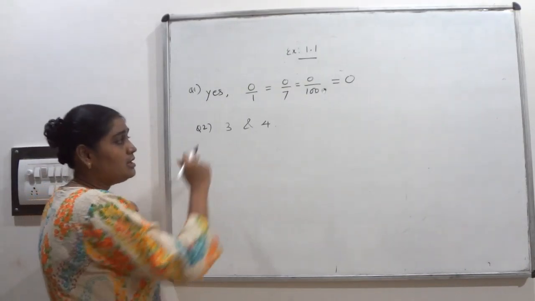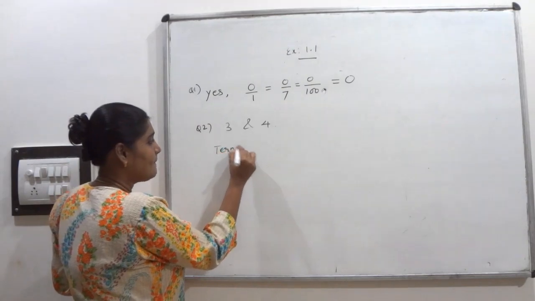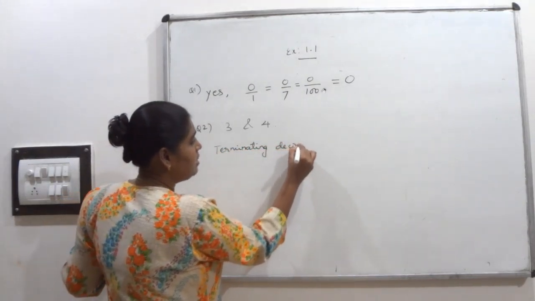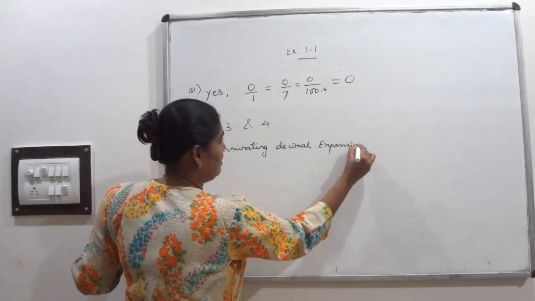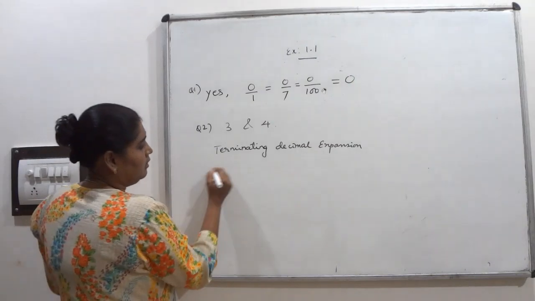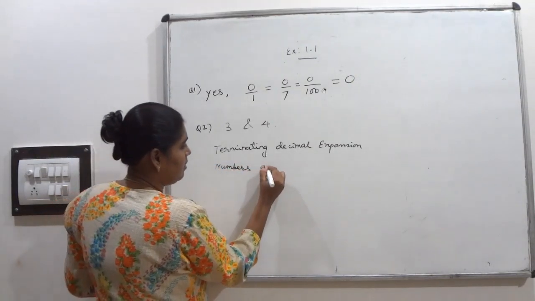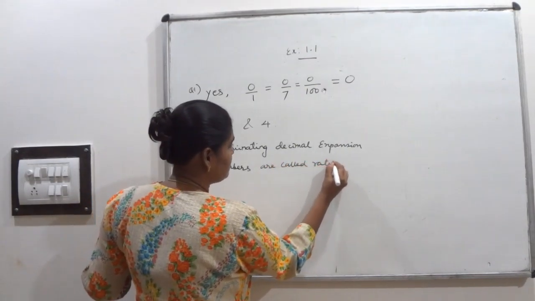From these three, anyone you can write. See, I am writing terminating decimal expansion numbers are called rational numbers.